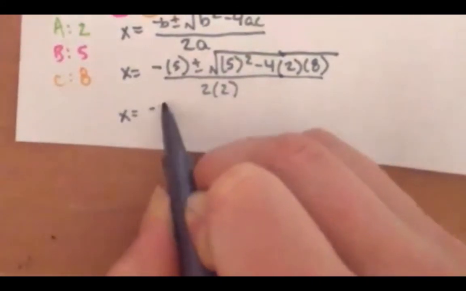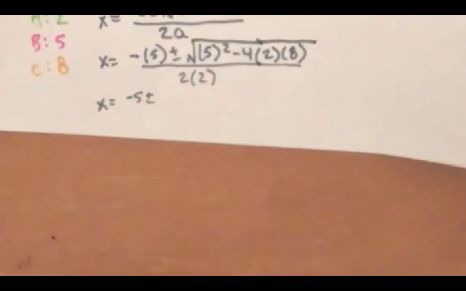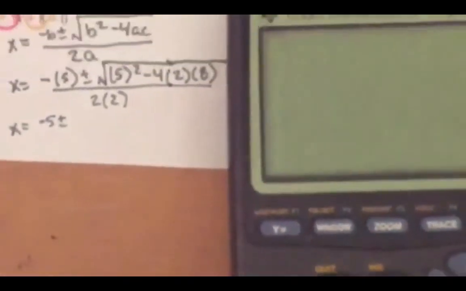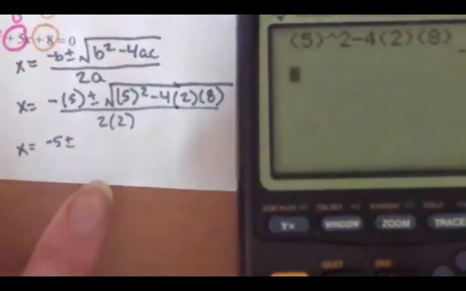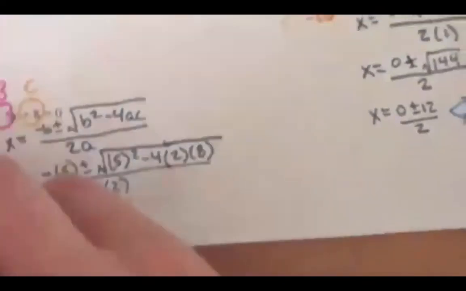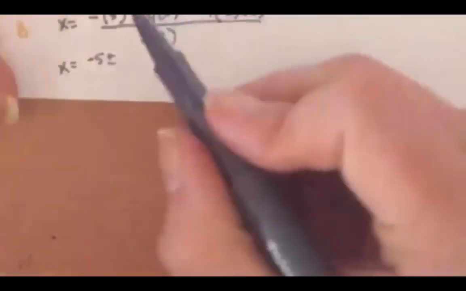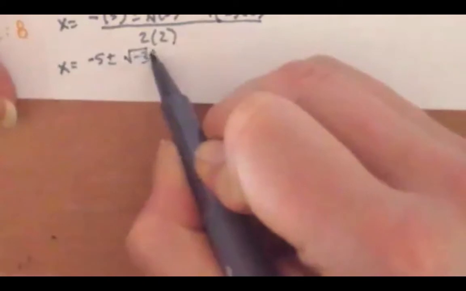So negative 5 plus and minus, we'll plug this in. 5 squared minus 4 times 2 times 8. Ooh, it gives me negative 39. So it's still the square root of negative 39, all over 2 times 2 is 4. Let's plug this in. Square root of negative 39.